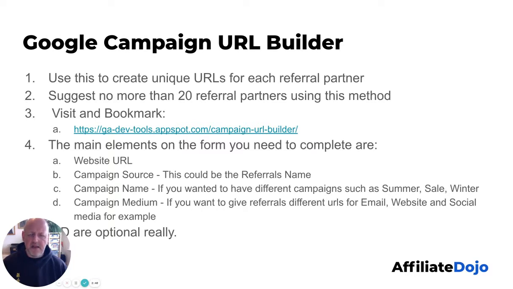So we can use the campaign builder to build out web addresses for each referral partner, so that when you check your stats, you can see which referral partner has sent you the inquiries, traffic or sales.